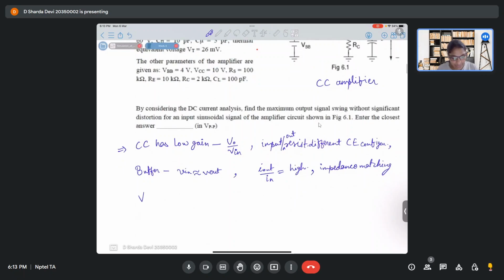If I want to make a voltage amplifier, how should my impedances be? Let's say Zin. What will be the value of Zin for a voltage amplifier? Zin should be low and Zout should be high.